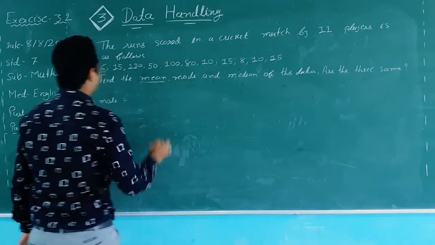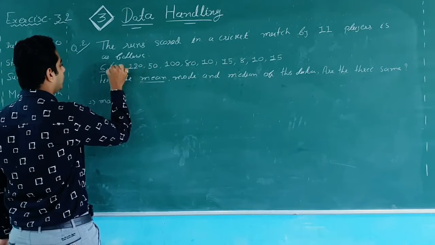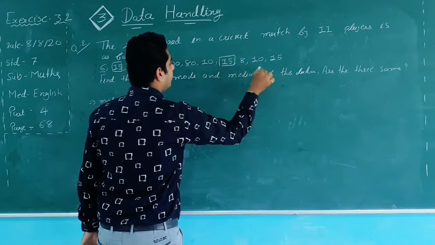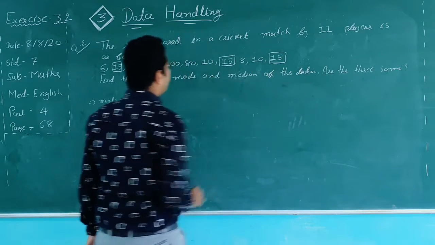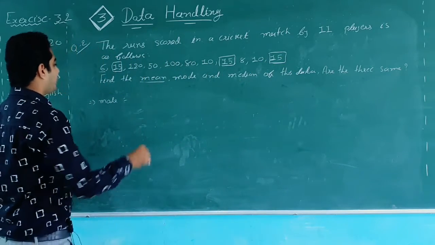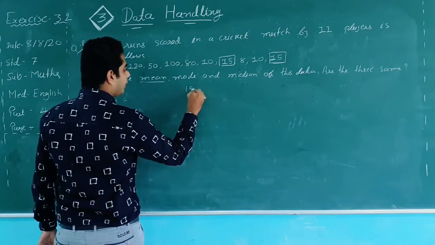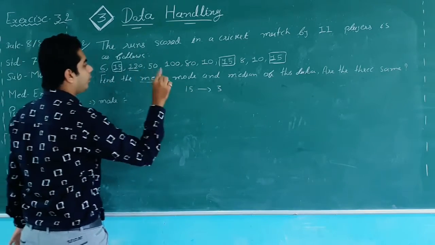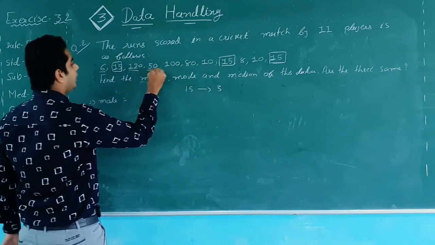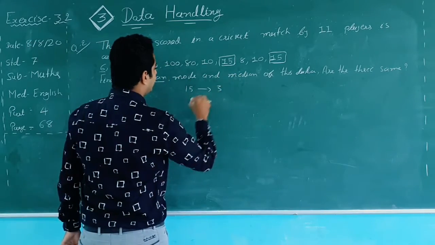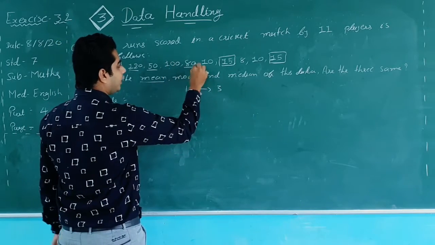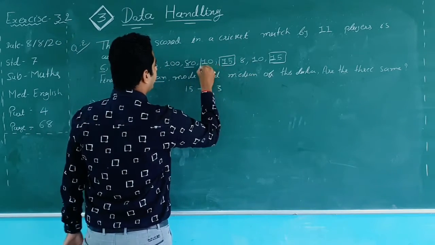Only one time. 15 here, 1, then 2, then 3. So 15 is repeating 3 times. Okay, 120 is repeating 1 time only. Now 50 is also 1 time. 100 is repeating 1 time. 80 is repeating 1 time.